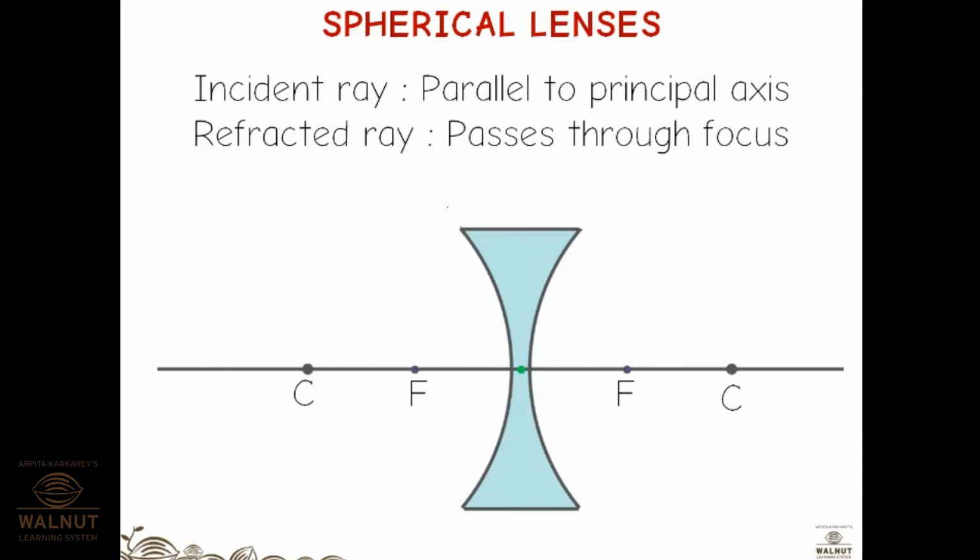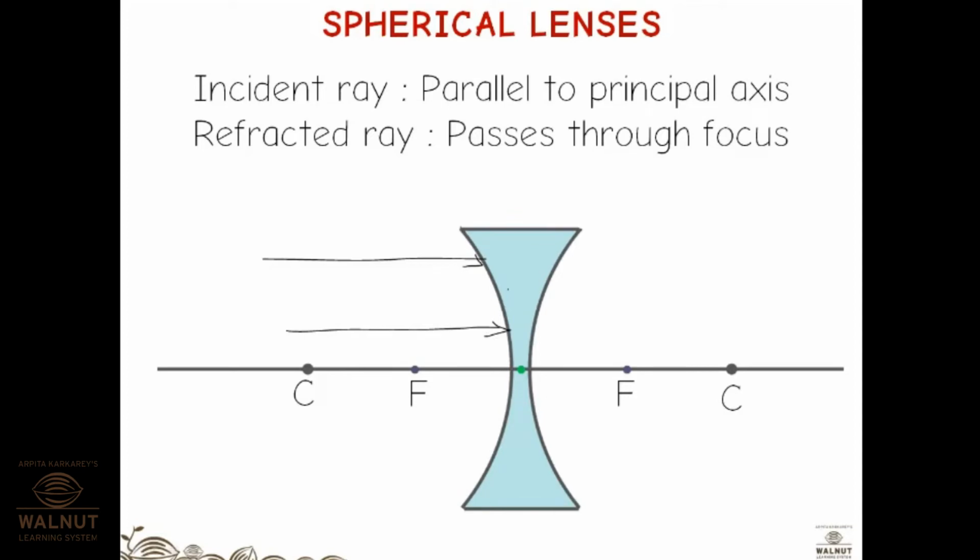First of all, in case of this concave lens, you will remember the incident ray and the refracted ray. Is there any difference between them? Incident means a ray which is going to hit the surface. This is called an incident ray, which is going to enter the lens.